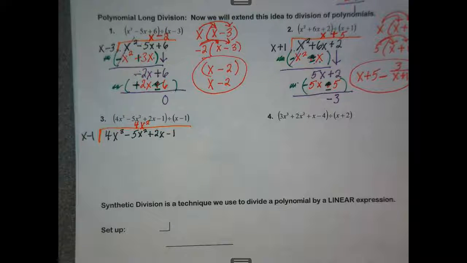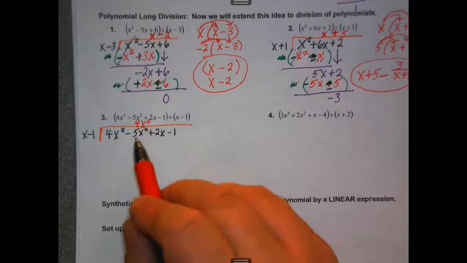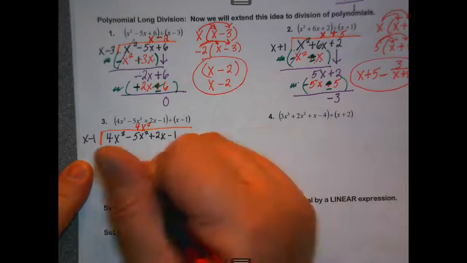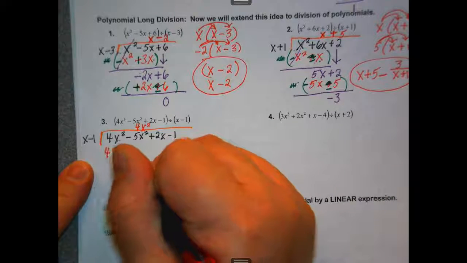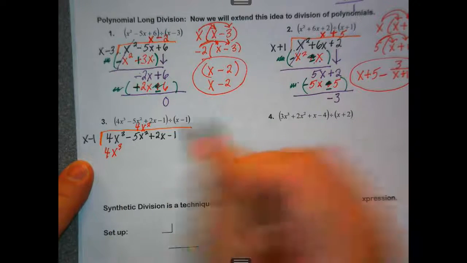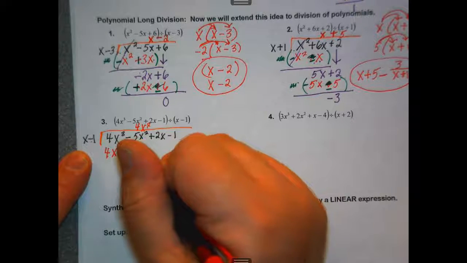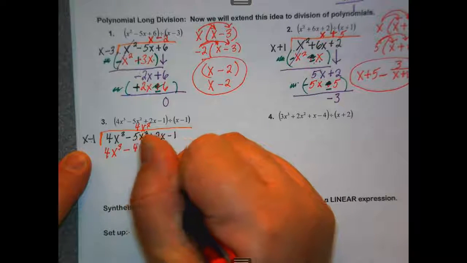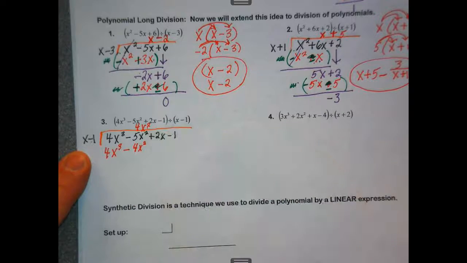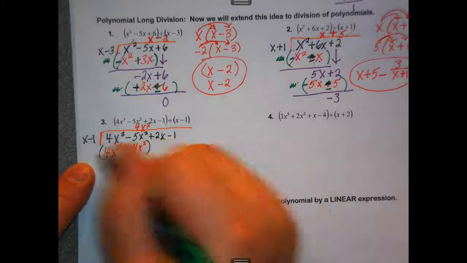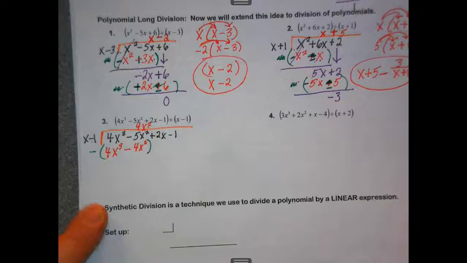Yes, the leading term. Okay, 4x squared times x, 4x cubed. 4x squared times minus 1, minus 4x squared. I'm going to subtract the entire quantity.